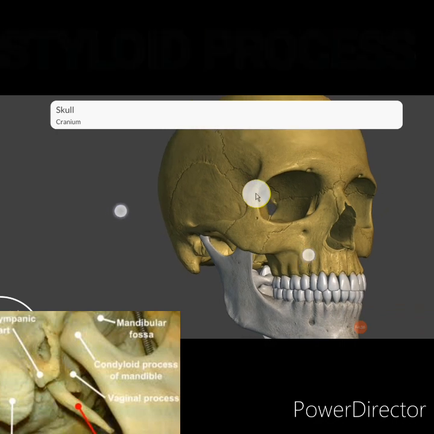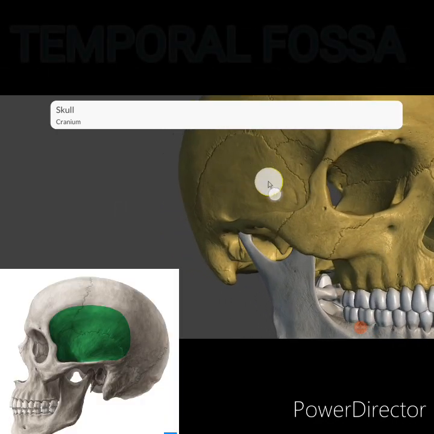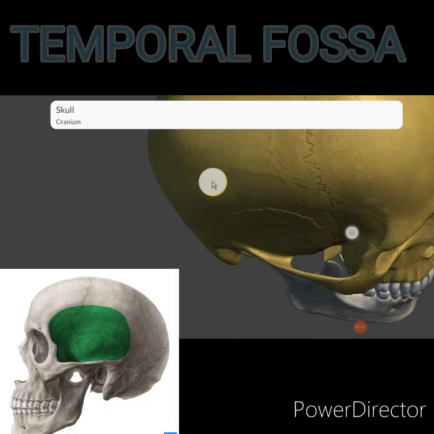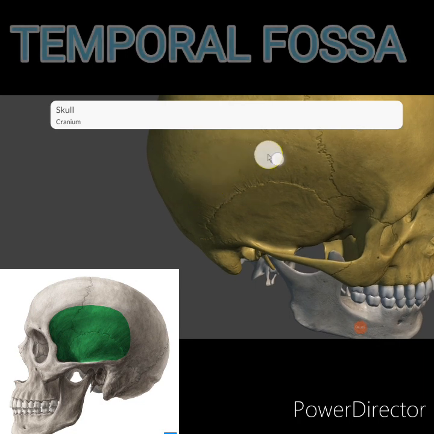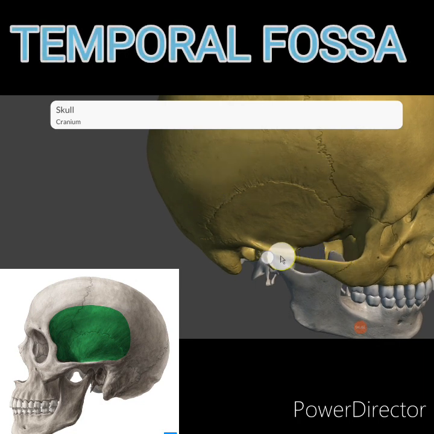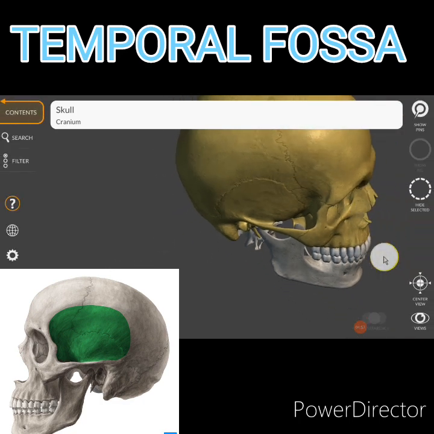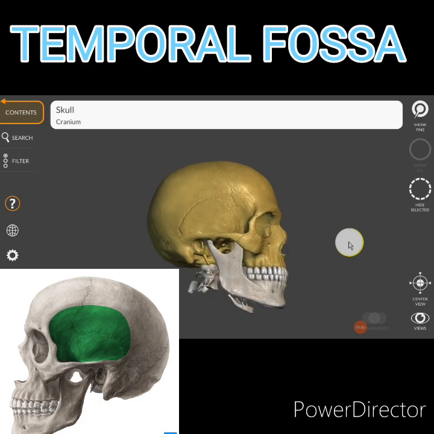What is temporal fossa? The boundaries of temporal fossa are, above, the superior temporal line, and below, the upper border of zygomatic arch and infratemporal crest of greater wing of sphenoid. The gap between zygomatic arch and temporal fossa communicates with the infratemporal fossa.